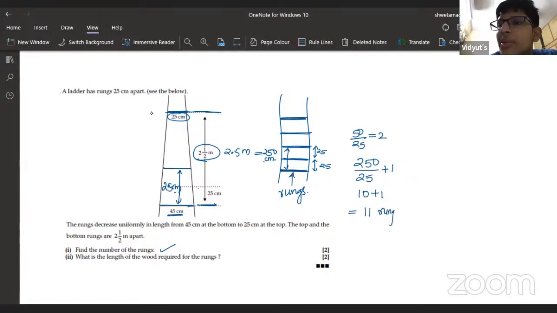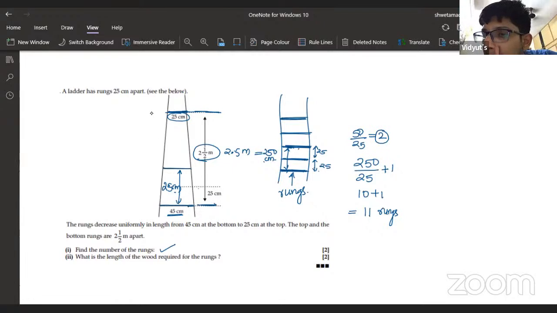Can you explain once more? I understand. The distance between two is 25. Next two is 25. So what is the distance between the first and this one? 50. Yes, ma'am. 50 divided by 25, you are getting 2.